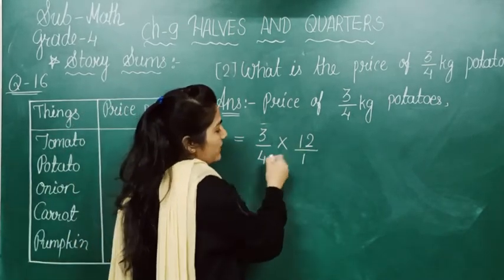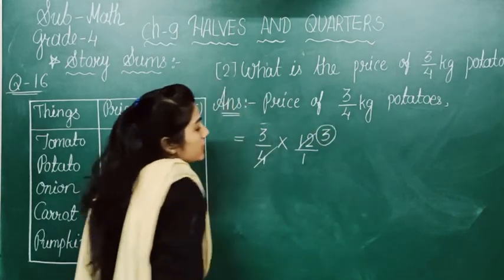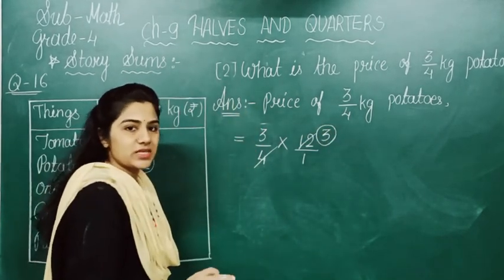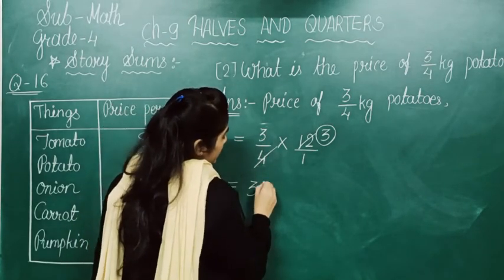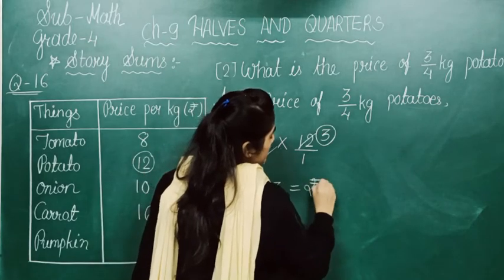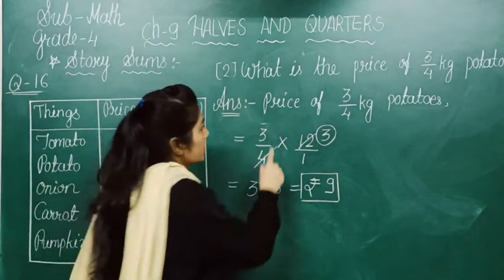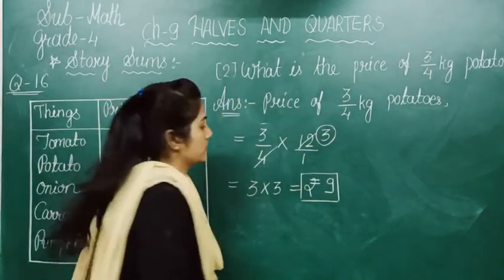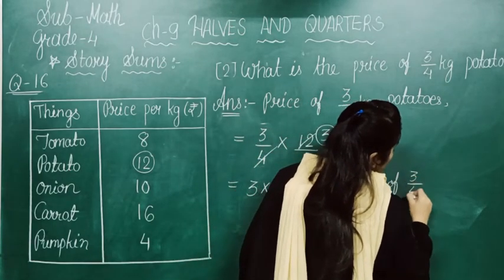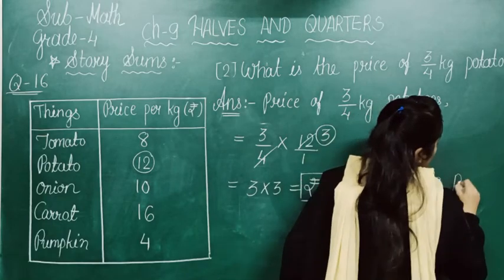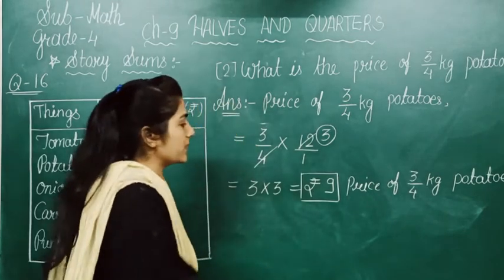So we can cut this 12 with the help of 4. 4 3s are 12. But in this step 2 digits are remaining, 3 multiplied by 3, that is ₹9. So ₹9 is the price of 3/4 kg potatoes. This is your answer, ₹9.